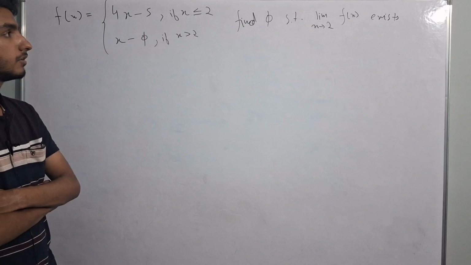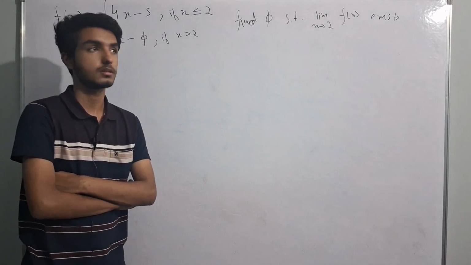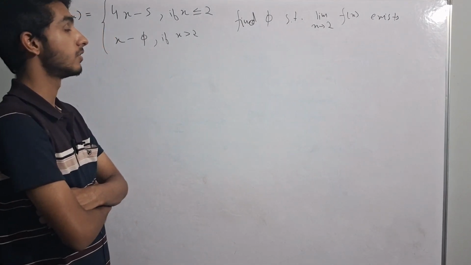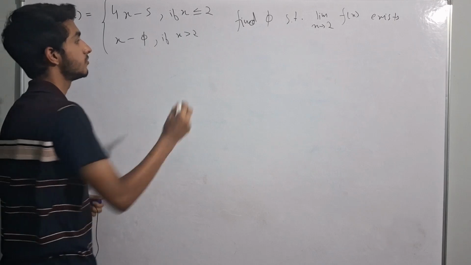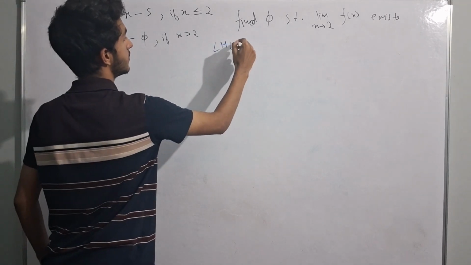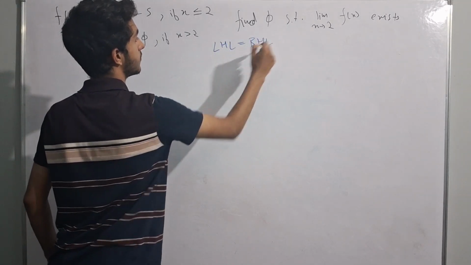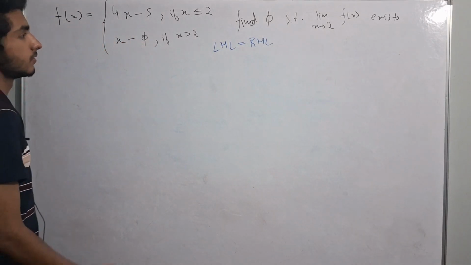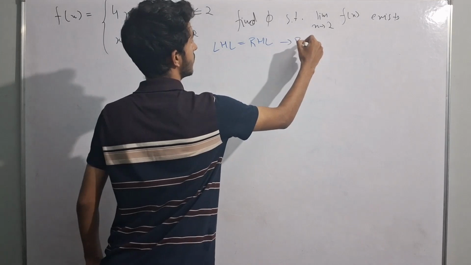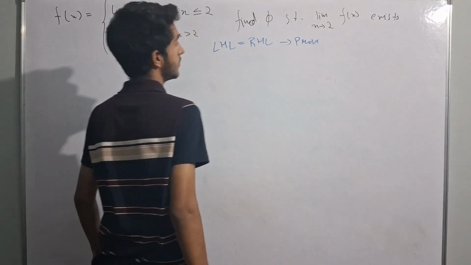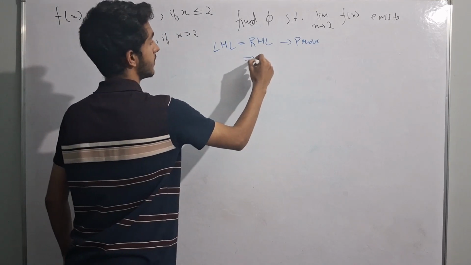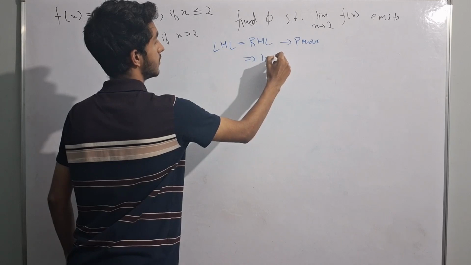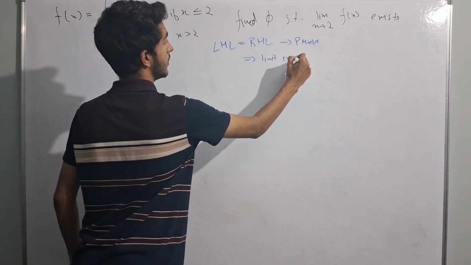If they are not equal, then the limit does not exist at that particular value of x. So in this question we have to prove left hand limit is equal to right hand limit, because if they are equal, this implies the limit exists.